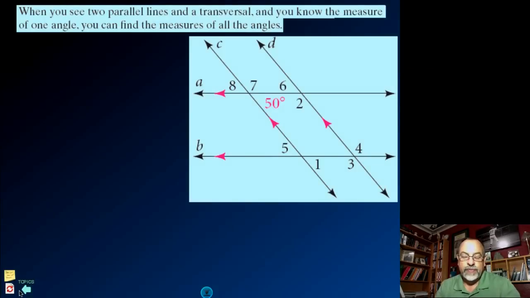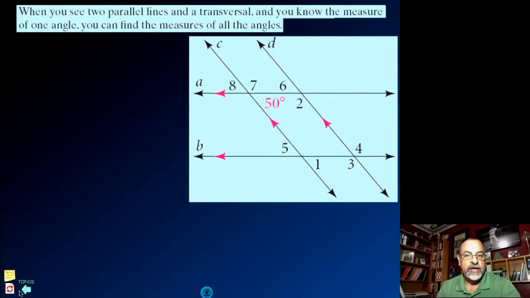So those pairs of angles should help us in any diagram where I have parallel lines and transversals. If I know the measure of just one angle, combining all of these relationships, vertical angles congruent, corresponding congruent, alternate interiors congruent, alternate exteriors congruent, same side interior supplementary, same side exterior supplementary, so 6 different relationships, I should be able to calculate the measure of all of the angles in a diagram, because I can work my way around and figure out the measure of each one.